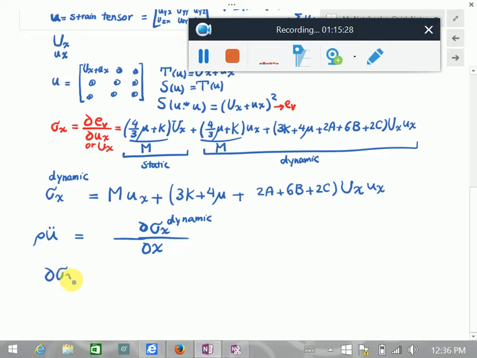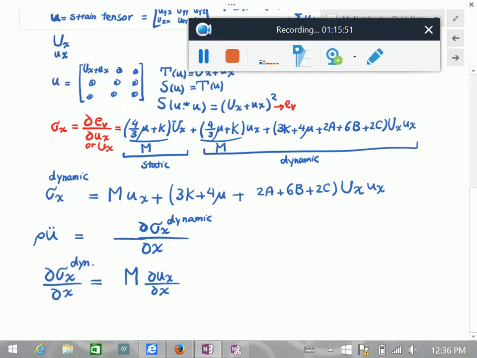Okay. So what we need to do is to get the derivative of sigma with respect to x, right? So it would be m... I write this maybe derivative of ux.